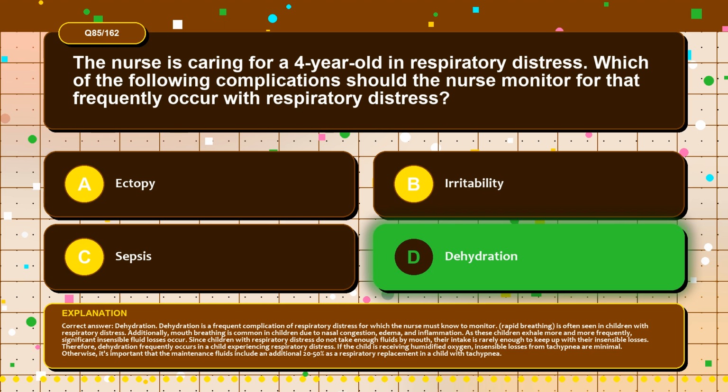As these children exhale more and more frequently, significant and sensible fluid losses occur. Since children with respiratory distress do not take enough fluids by mouth, their intake is rarely enough to keep up with their insensible losses. Therefore, dehydration frequently occurs in a child experiencing respiratory distress.